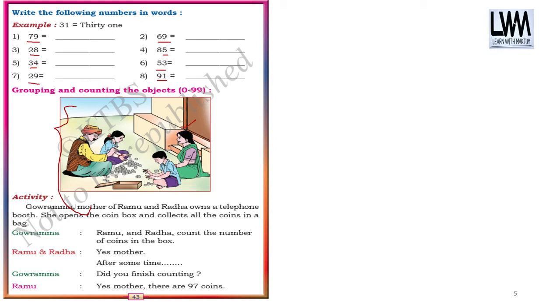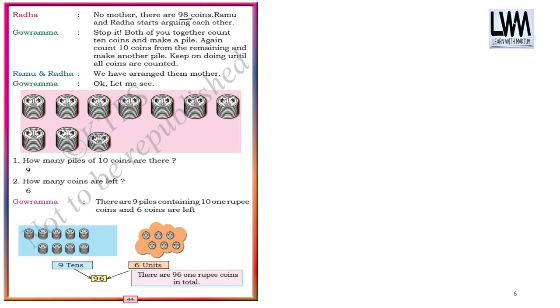Gauramma is this woman, and Radha and Ramu are the two children. These children are counting the coins. At the end they get some numbers, and those numbers are not matching. Ramu says there are 97 coins, and Radha says there are 98 coins.